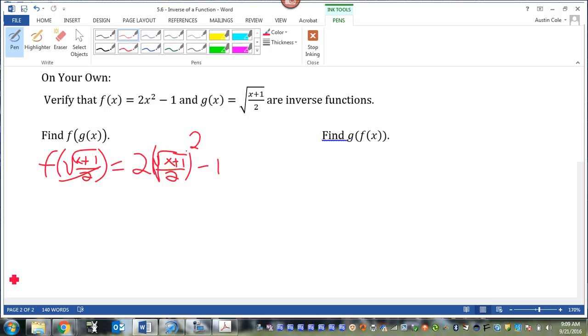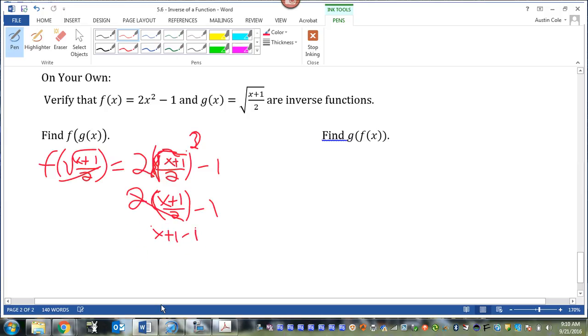Okay? So you do your exponent, that gets rid of the square root and the square there. So you're left with 2 times x plus 1 over 2, minus 1. 2 times something divided by 2 cancels out. Get x plus 1 minus 1. Plus 1 minus 1 cancels out. You get x. So f of g of x equals x.